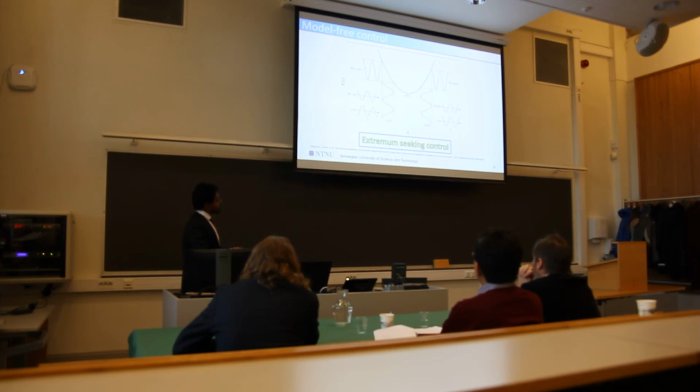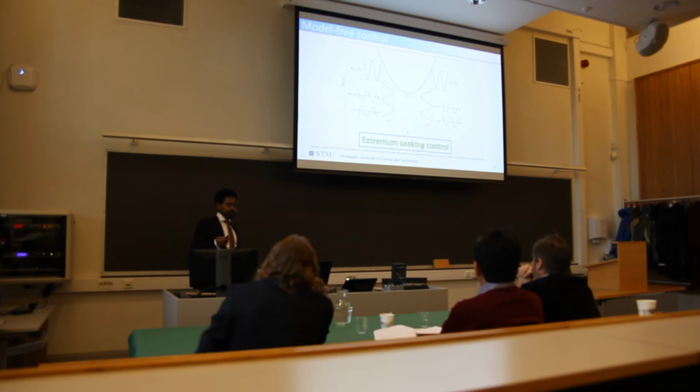And if you do it on the other side, then they are in sync. So if you multiply these two signals, they are going to already give you some information which direction to move. So that's a very smart and nice data-driven approach called extremum seeking control for optimal control. And the only drawback is that it is a local optimizer. For that matter, most of our systems are local optimizer.